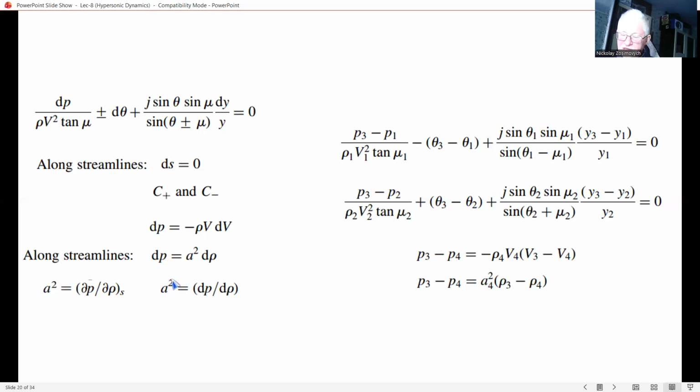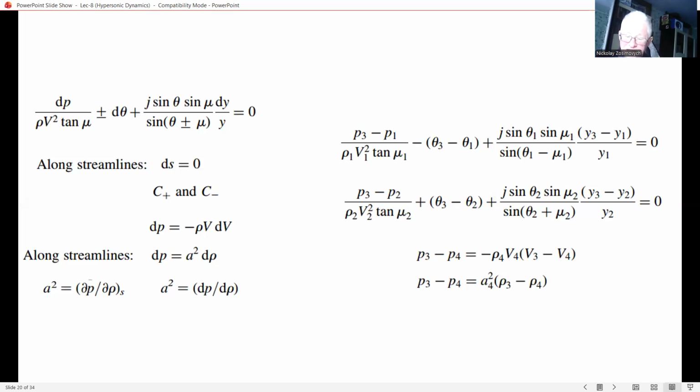Our last equation, dp equals a squared d rho, is simply based on the definition of the speed of sound. Remember, the speed of sound a squared is dp over d rho under adiabatic condition, because s here is constant along the streamline. Then any change in pressure along the streamline, dp, is related to a corresponding change in density along the streamline.